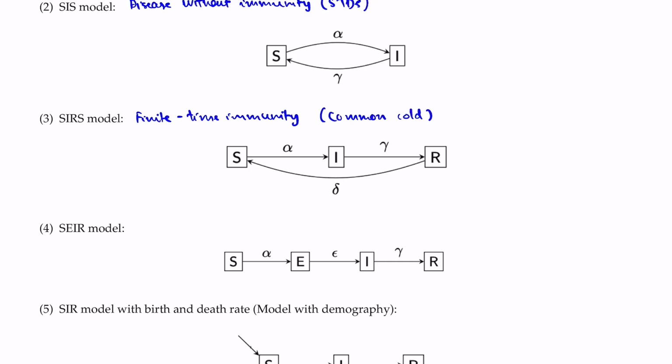You can have the SEIR model. In this case, you have a new compartment. It's called the E compartment, or the exposed compartment. There are certain diseases where the patients will contract the virus, but stay in an incubation period or latent period. They show no symptoms whatsoever for a short period of time before they become fully infected.